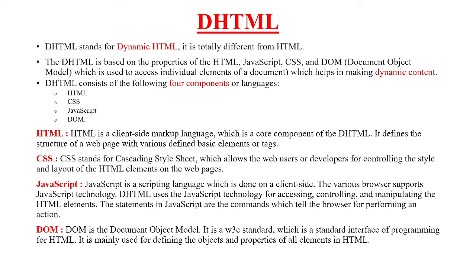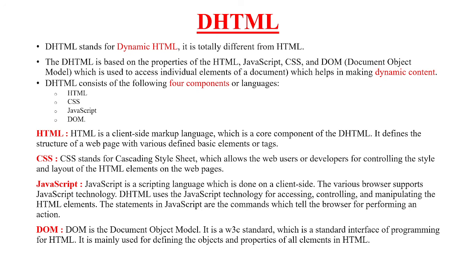The third component is JavaScript. It is a scripting language executed on the client side, and various browsers support this technology. DHTML uses it for accessing, controlling, and manipulating the HTML elements. The statements in JavaScript are commands which tell the browser to perform a specific action.